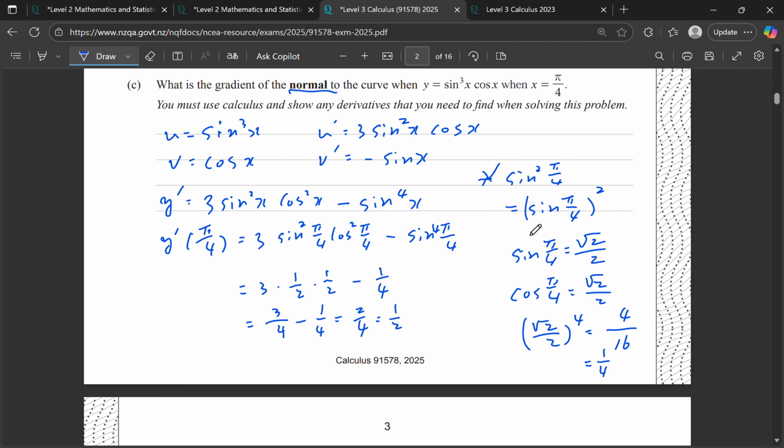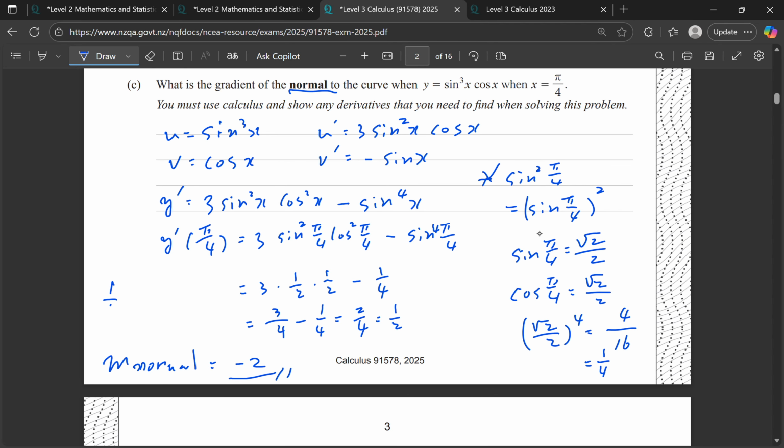Half is the gradient of tangent, isn't it? So the gradient of normal should be minus 2, isn't it?